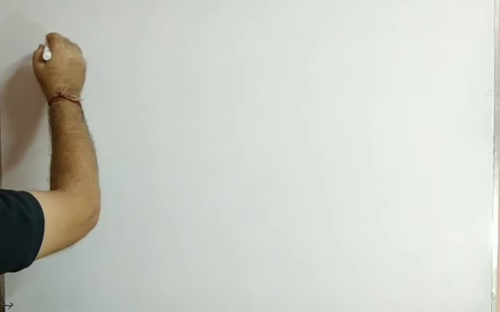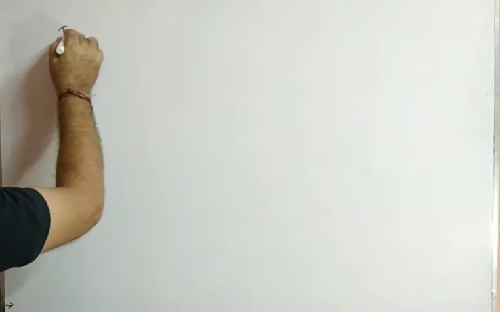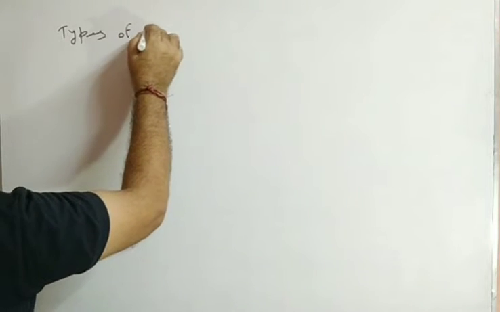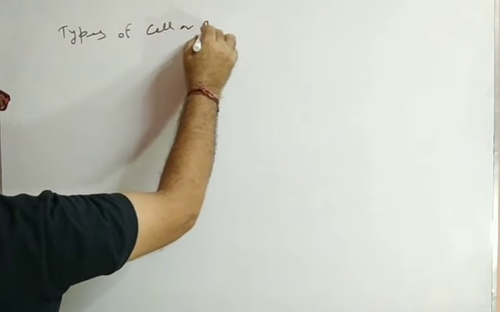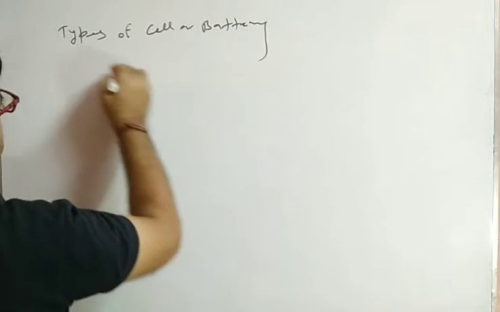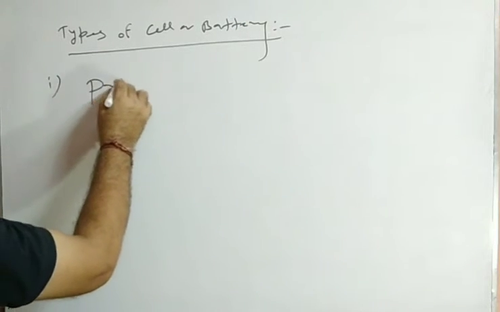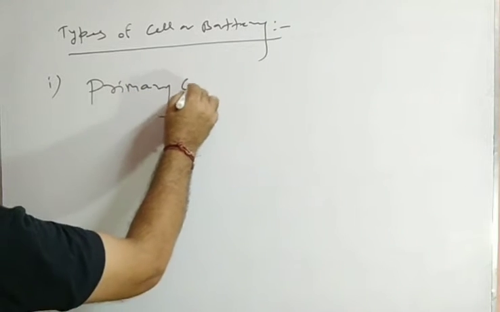Cells or batteries are of two types. Types of cell or battery. First one, primary cell.